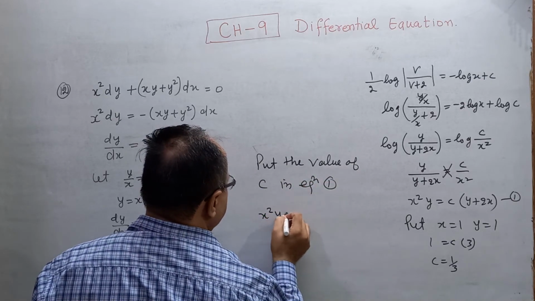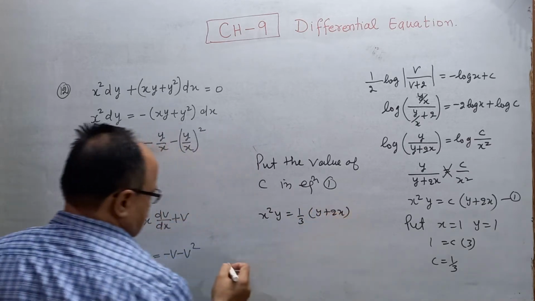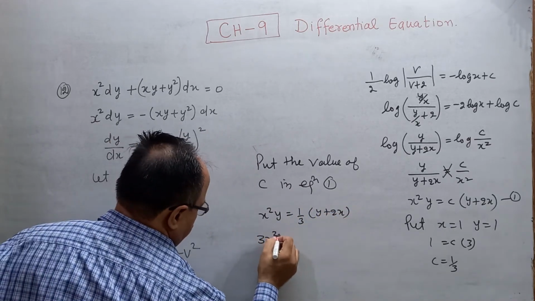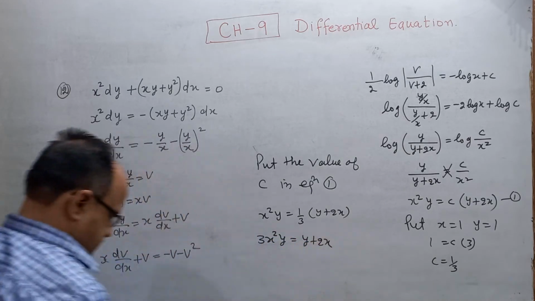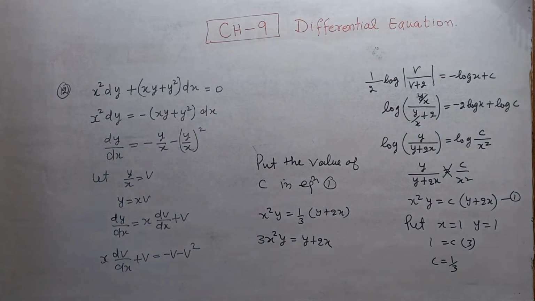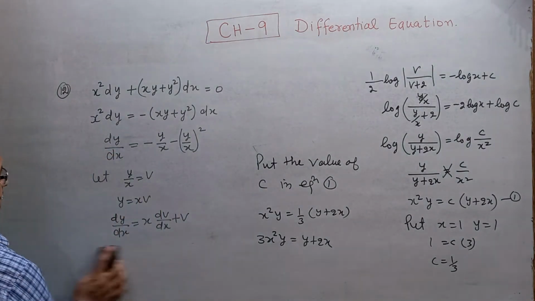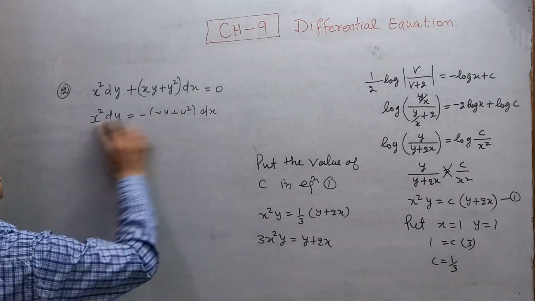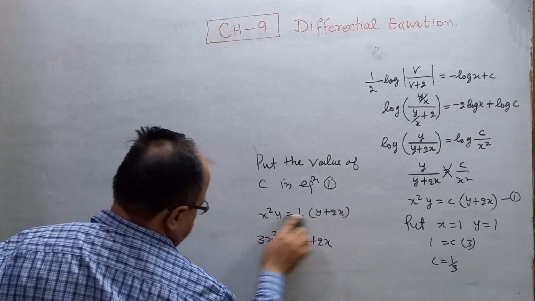Therefore, x square y is equal to 1 by 3 times y plus 2x. Therefore, 3x square y is equal to y plus 2x. This is the answer. Clear? This is the solution of question number 12. This is a particular solution, you can say.